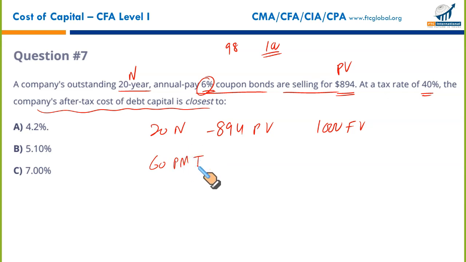So what you will do is use your financial calculator, enter the period, the current market price, the face value of the bond, and the payments, and you will simply compute your interest or yield.